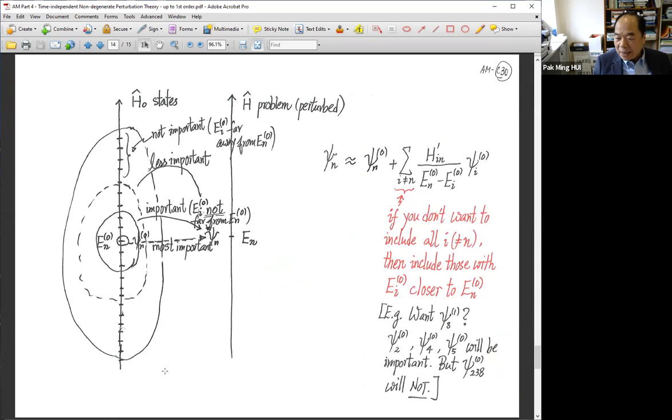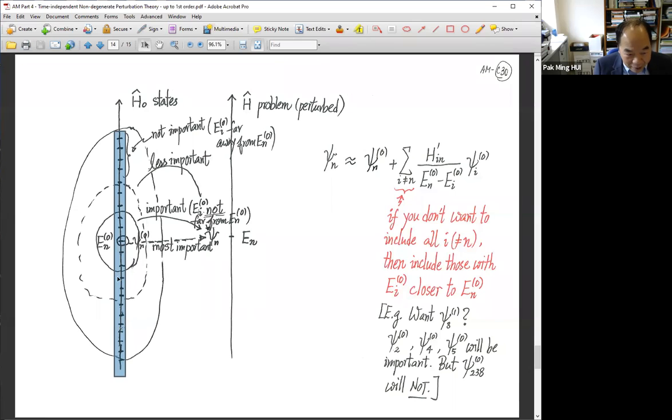So schematically, now this is not a good drawing, but it is the best I can do. I hope that you understand what I'm trying to convey through this picture. Now this is the H0 problem. All these energies are known, and so are the states.